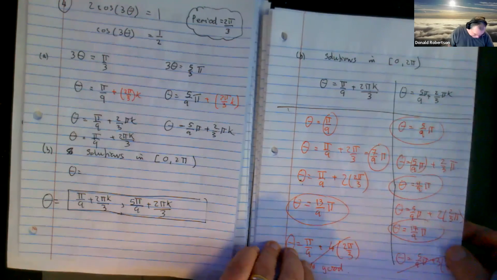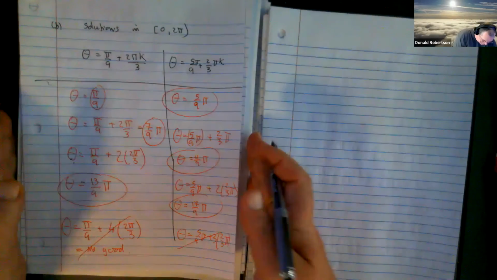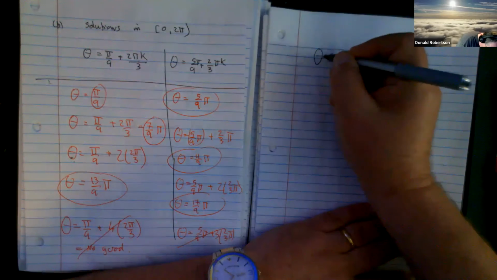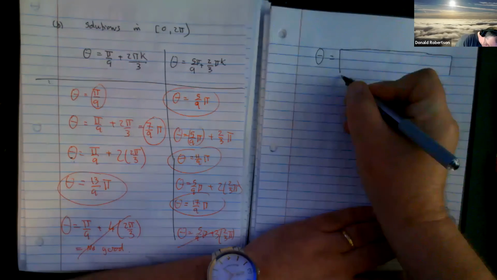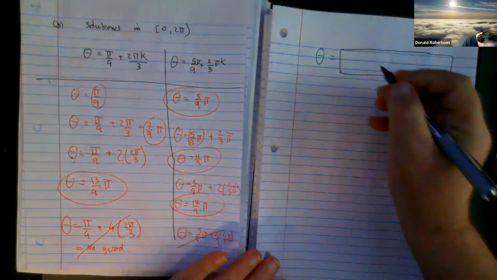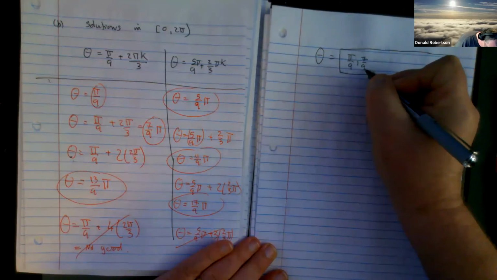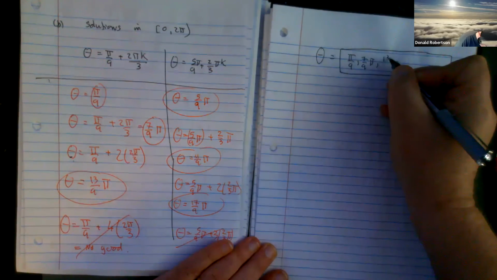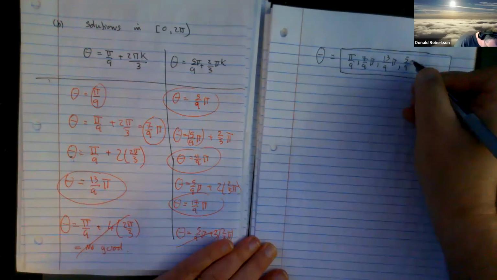And now I'm going to do a mistake that's very trivial, and WebAssign is just being awkward. So here is my mistake. I'm writing them all down in the order that I found them.